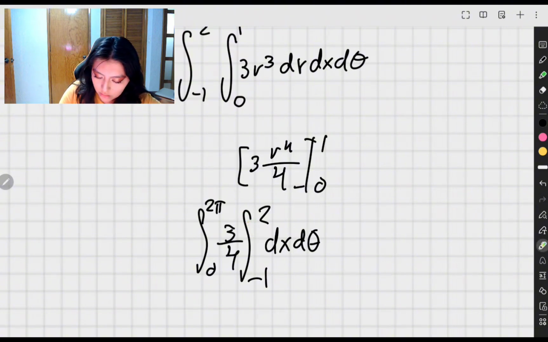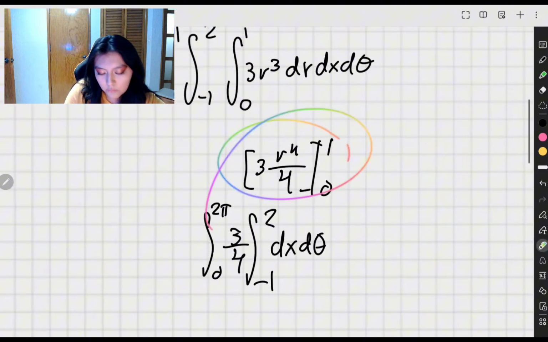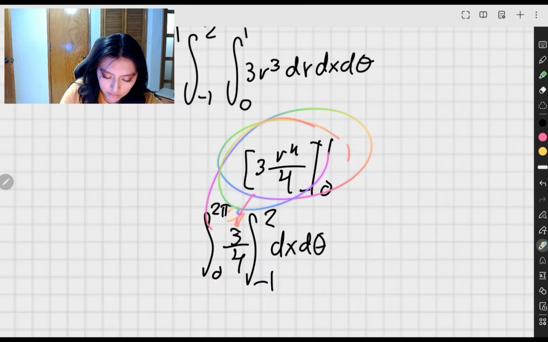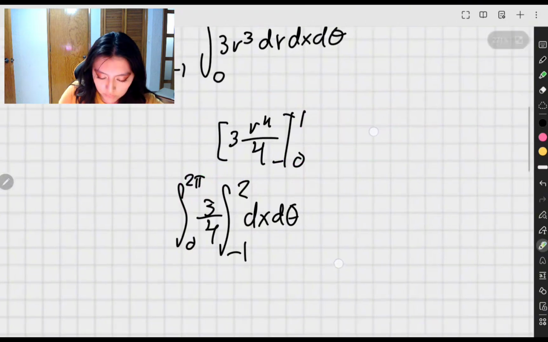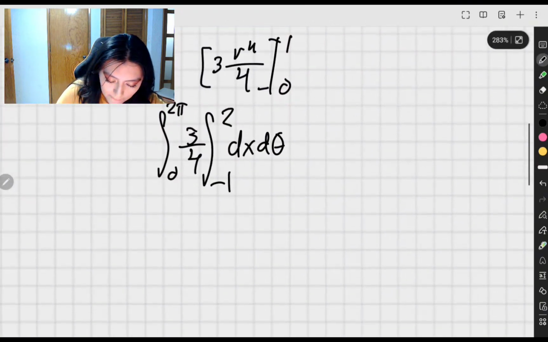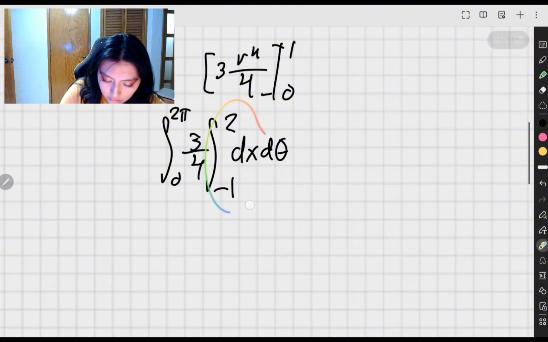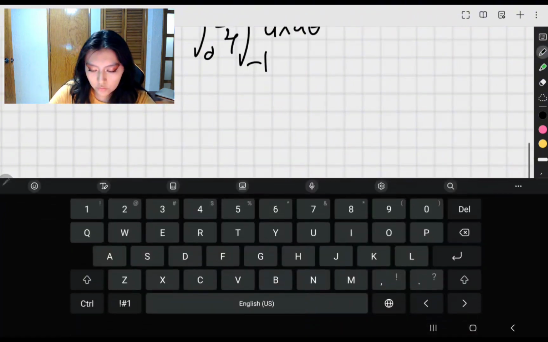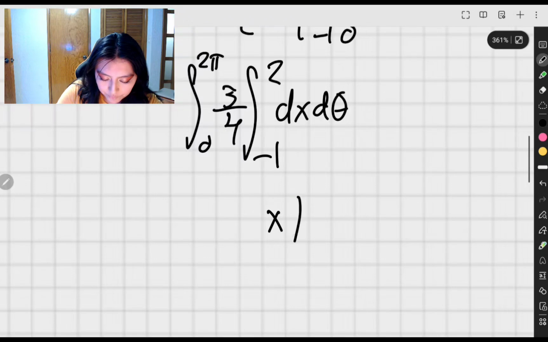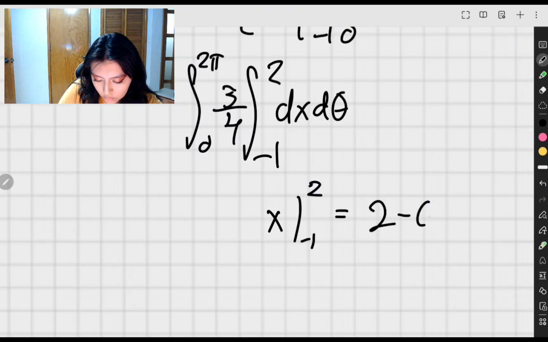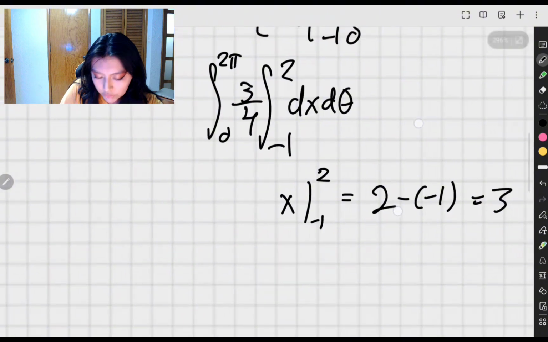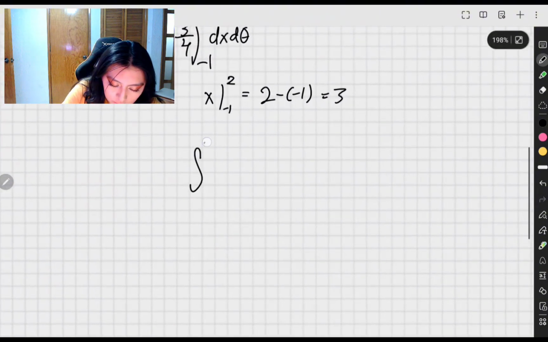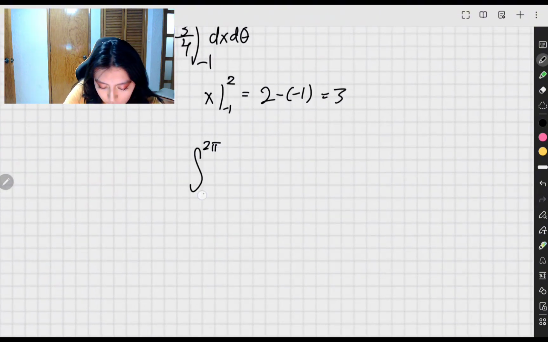Here what we got from here, I took it out of the integral, and this is just x evaluated from -1 to 2, so three, and then we just got one integral more.